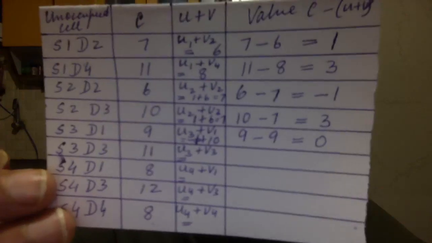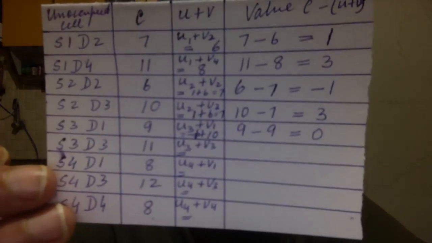Next it is U3 plus V3. U3 is minus 1. V3 is 9. Minus 1 plus 9 is 8. So 11 minus 8 is equal to 3.